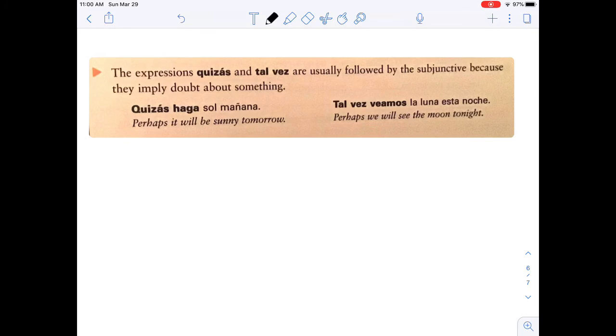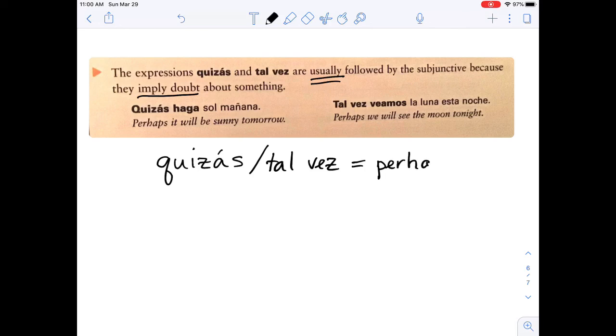Okay, now we're going to use the subjunctive, and it says usually. Go ahead and use it, okay, because they both imply doubt about something. Let me tell you what they both mean. So, quizás and tal vez are both going to mean perhaps or maybe.